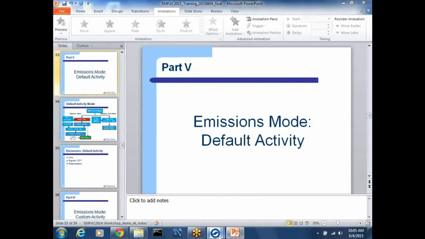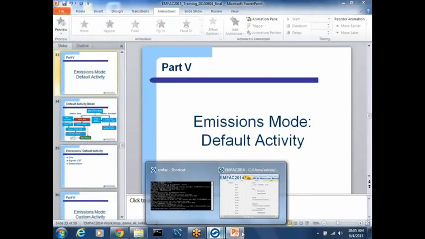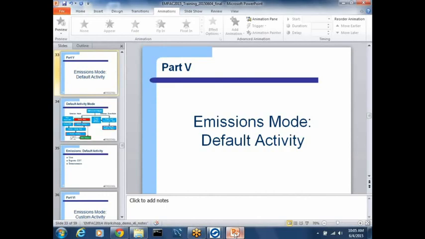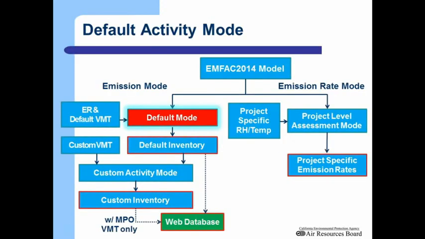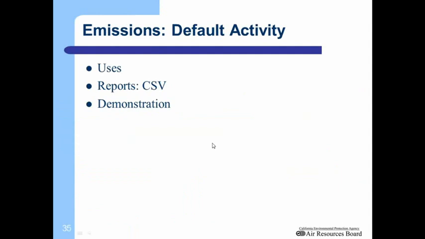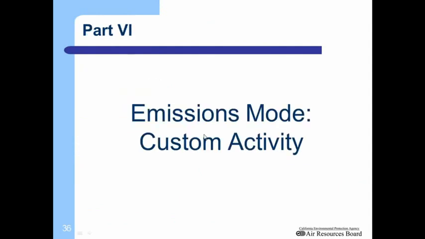So this is the default activity mode here. Oh, and this is the same chart Kathy showed. We are in the default mode, default inventory. We've gone over this in the demonstration.